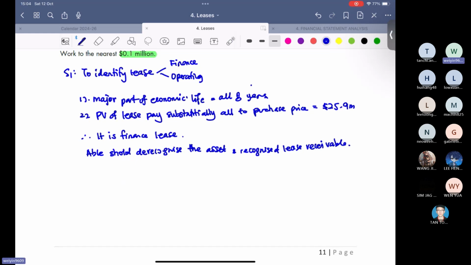So how do you recognize lease receivable? So step 2. For your recognition, you need to calculate the net investment in the lease.